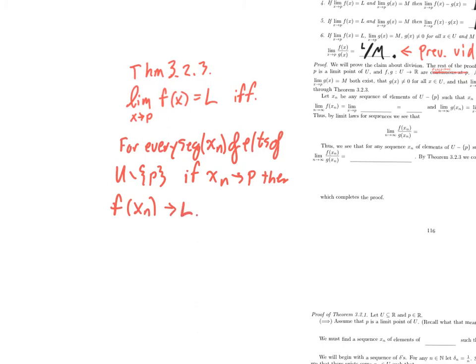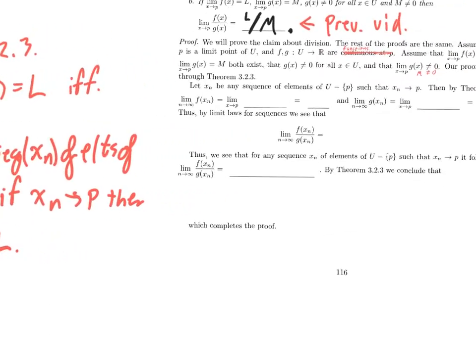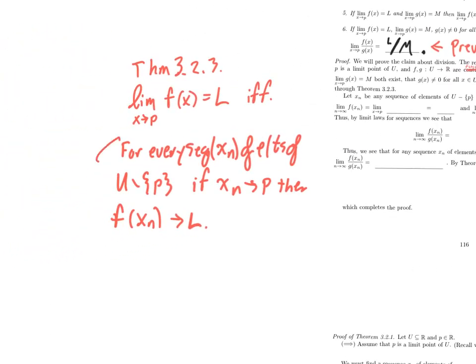So if I want to prove that the limit of f over g exists, I can instead just check that this condition happens, where I replace f with f divided by g. So this is the thing that I'm going to try to show. Here's what I'll do.